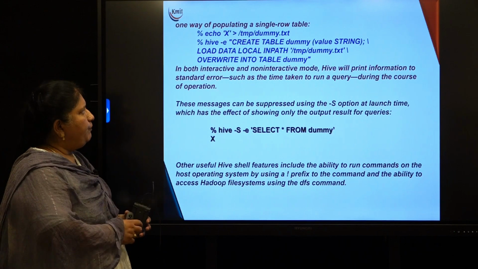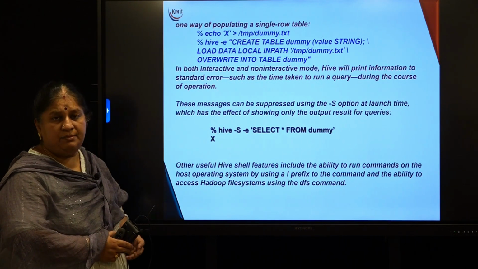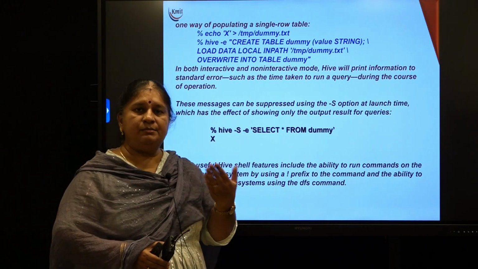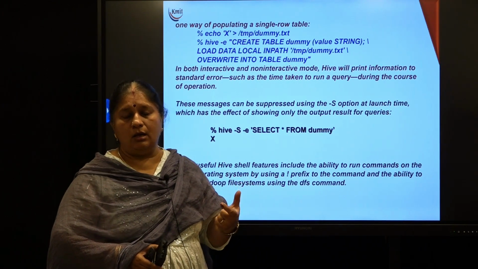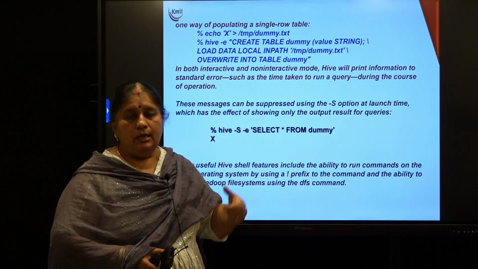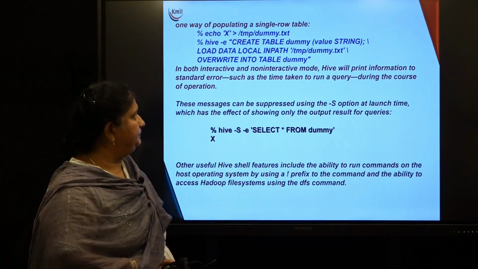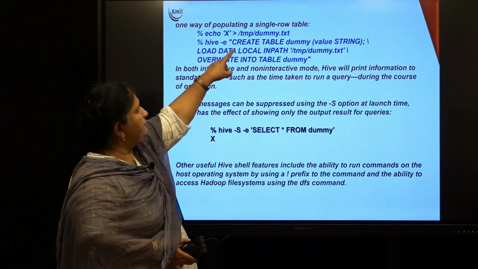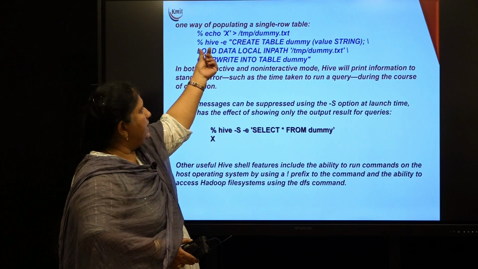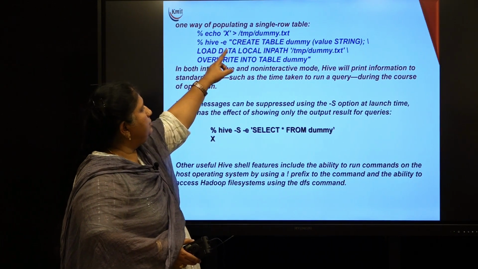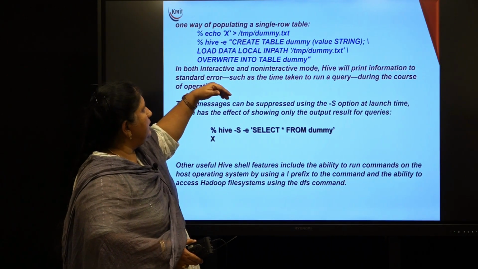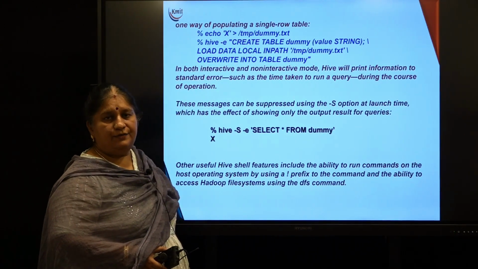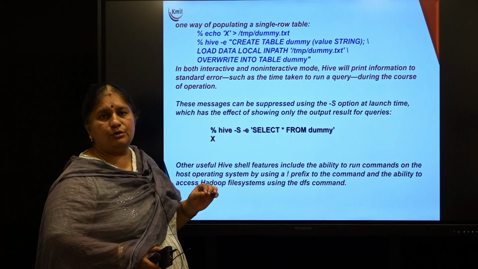Now, one way of populating a single-row table, as I mentioned in the previous session, is this: just like SQL has a system-defined table with a single row and single column, which we call dual, here we are using it as dummy. Echo X into the file. You want to store X into the file and create a table. How do you create it? hive -e, which means you are just running a short script.